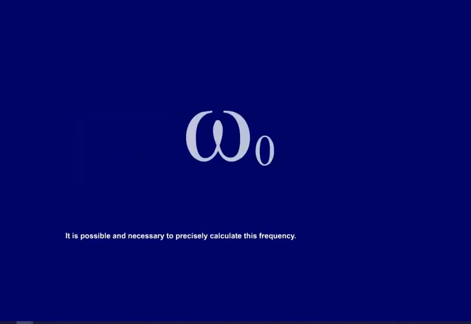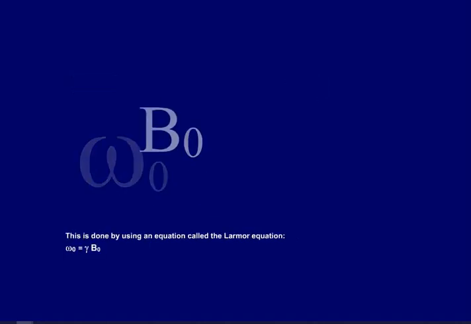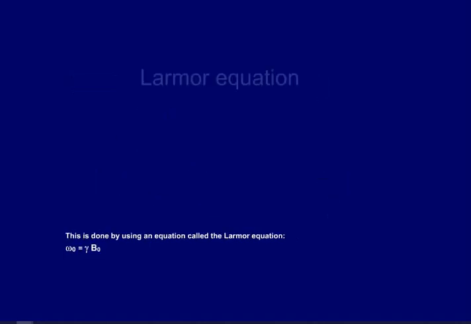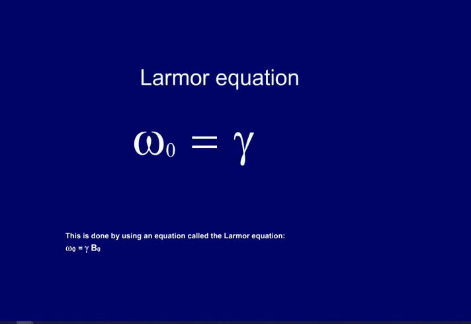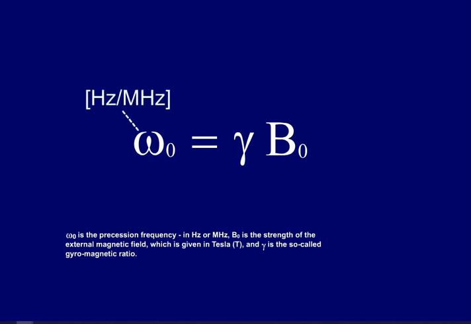It is possible and necessary to precisely calculate this frequency. This is done by using an equation called the Larmor equation: omega 0 equals gamma B0. Omega 0 is the precession frequency in hertz or megahertz. B0 is the strength of the external magnetic field, which is given in Tesla, T, and gamma is the so-called gyromagnetic ratio.